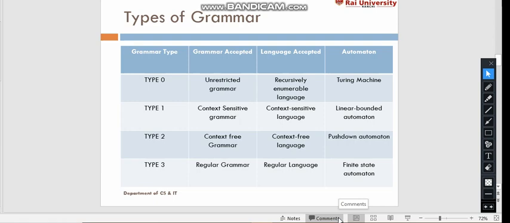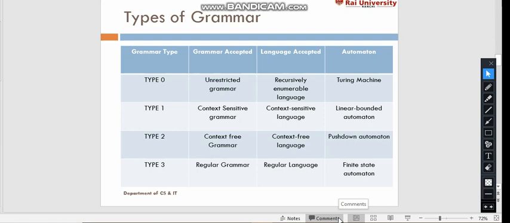The language generated by this type of grammar is known as context-free language, and a push-down automaton accepts a context-free language. And finally, we have type 3 grammar, which is also known as regular grammar. The language generated by the regular grammar is the regular language, and a finite state automaton accepts a regular language.